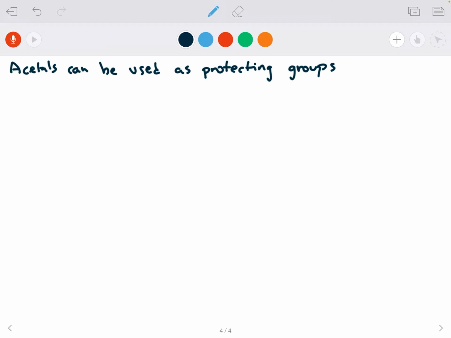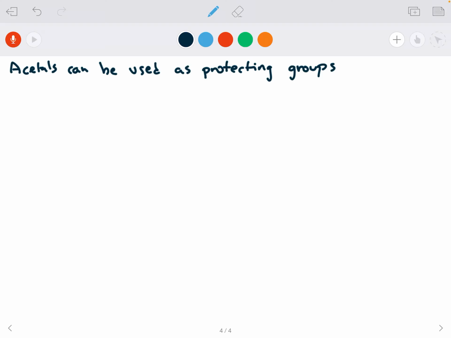If you have multiple carbonyl functional groups on a compound, but you don't want both to react, you can protect it by adding in an acetal, and then you can just take that acetal group away with water. So it's not a very difficult addition and then removal of a protecting group.